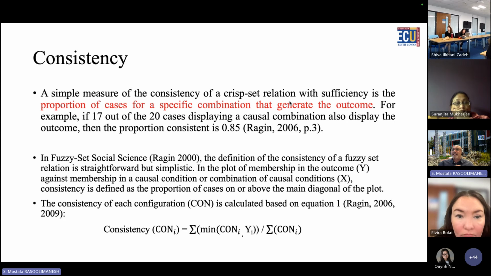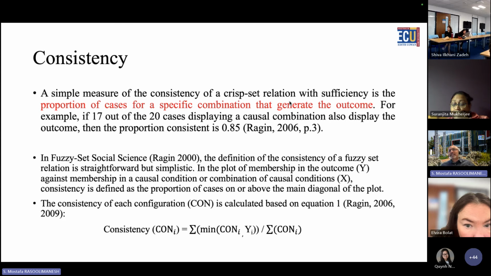So consistency is the proportion of cases that are satisfied or generate high level of outcome compared to all cases that identify this specific combination. So for this specific configuration, consistency is 17 divided by 20. So it's 0.85, right?